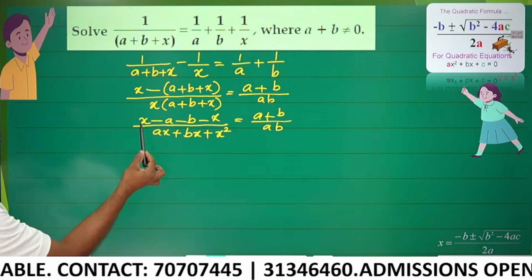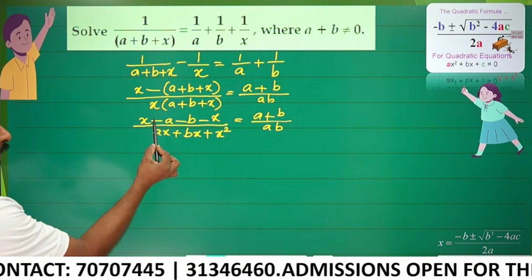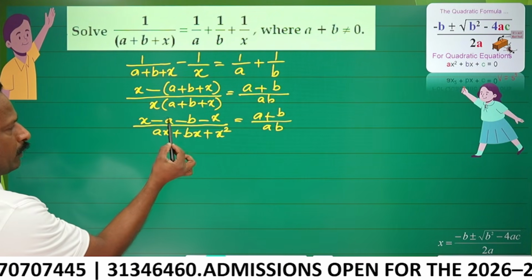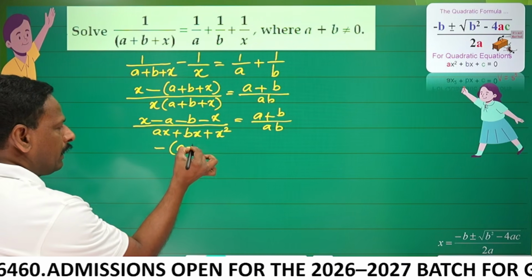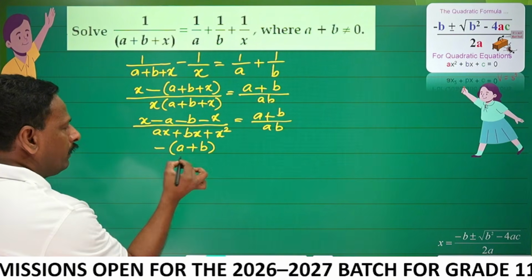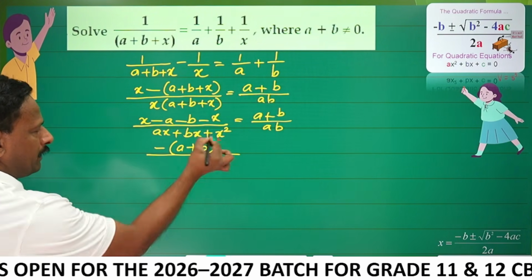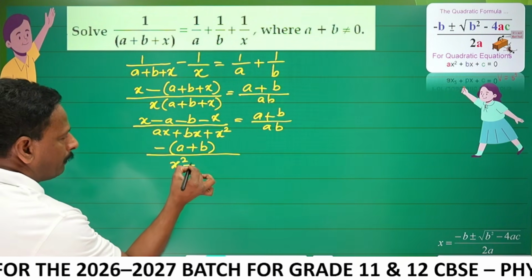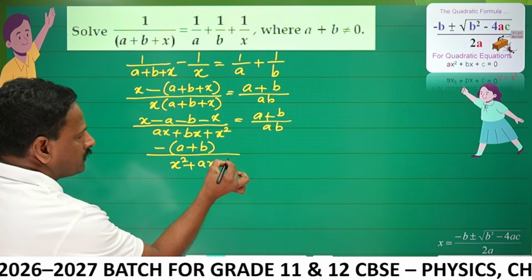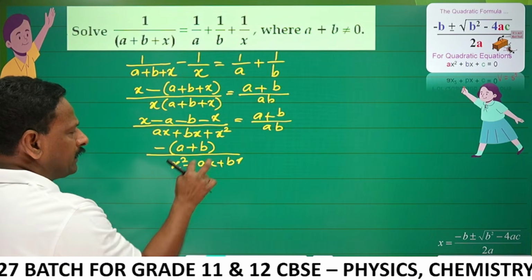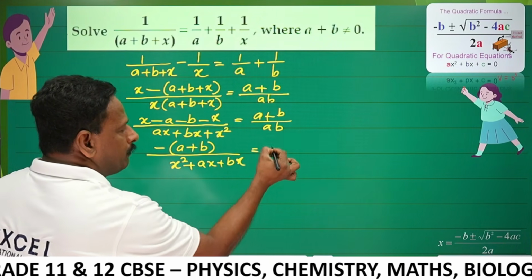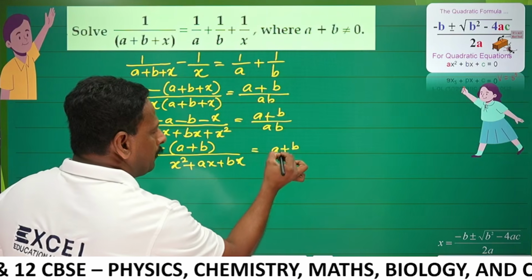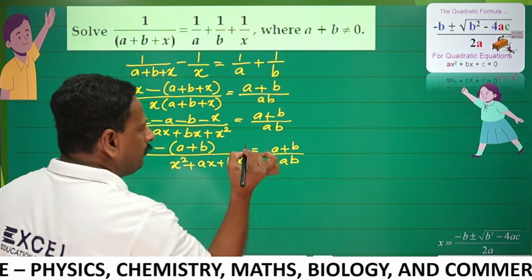Now here you can see x minus x becomes 0. What remains in the numerator is negative a, negative b, which can be written as negative (a plus b), by x square plus ax plus bx, we have just flipped the terms, equals a plus b by ab.